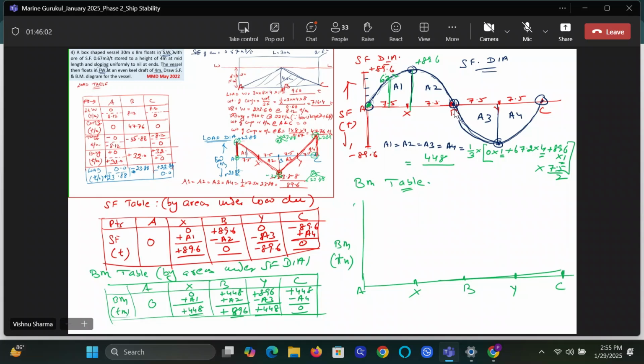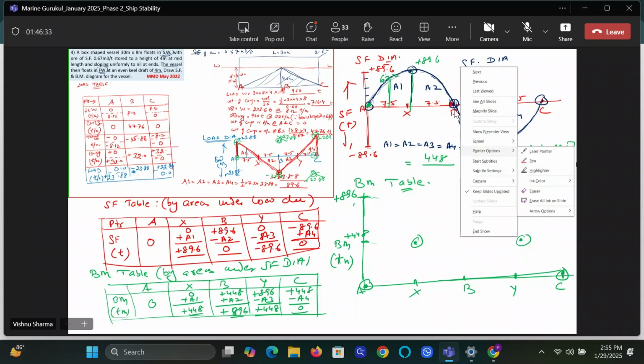Again, this scale is half and full, so take any distance as plus 896 and exactly halfway of it mark plus 448. And put the values: it's 0, plus 448, plus 896, plus 448 and 0. What have I done? I've just plotted the points, that's all.